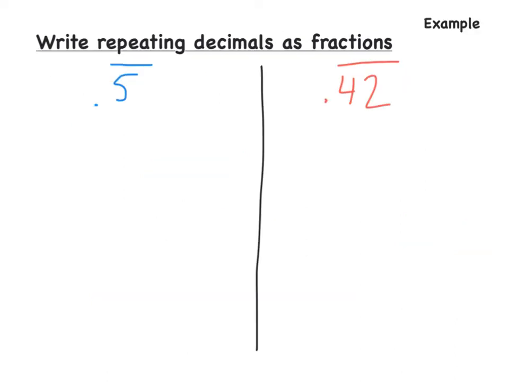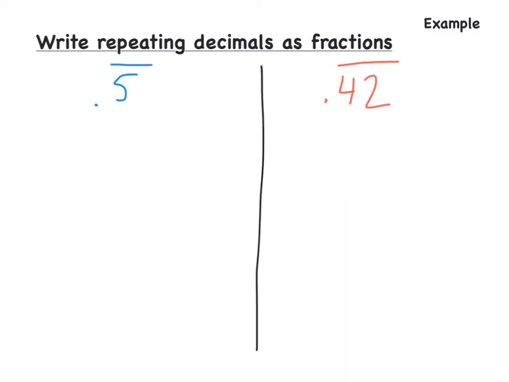So, from the previous slide, we have learned if there is a repeating decimal and you want to write it as a fraction, the denominator that you're going to be using is not 10 or 100 or 1,000. It would be either 9 or 99 or 999. So, in this case, we have 0.5 repeating.